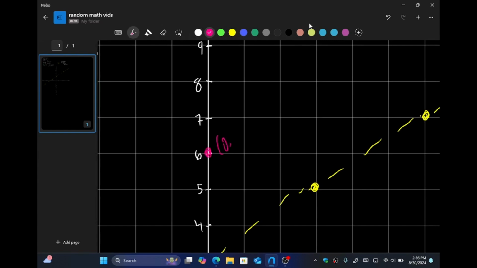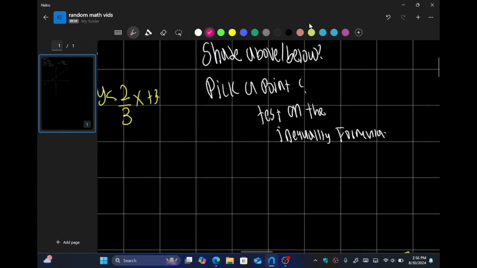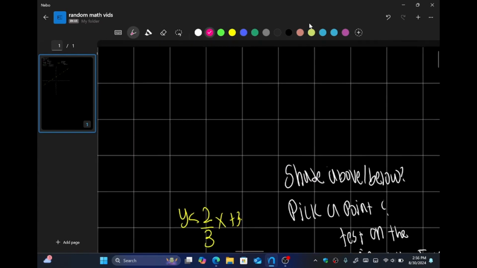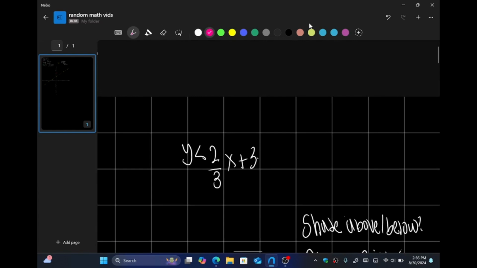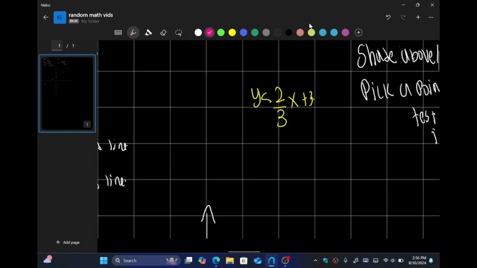So y is less than 2/3 x plus 3, and we know that x equals 0 and y equals 6.